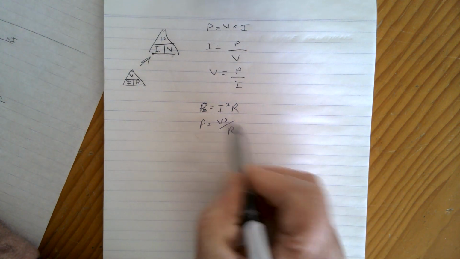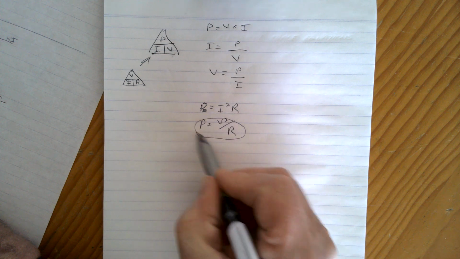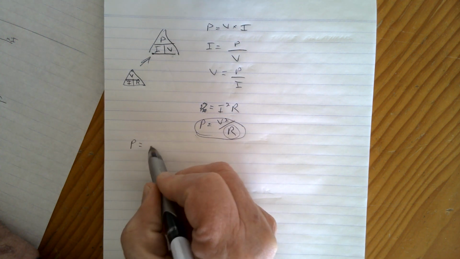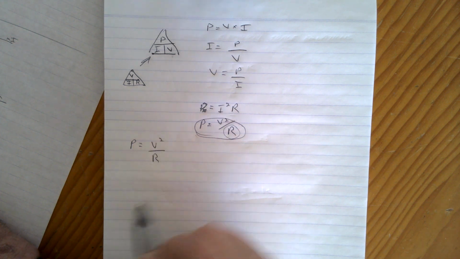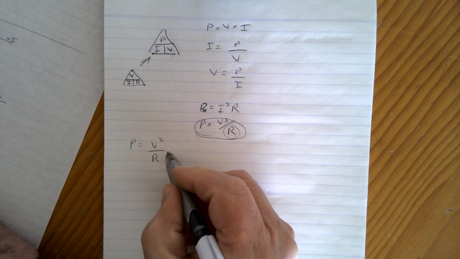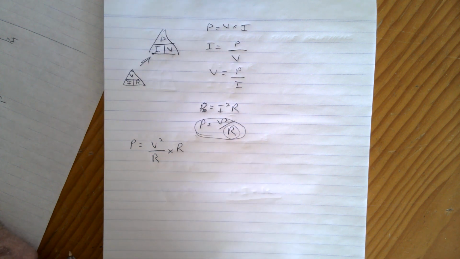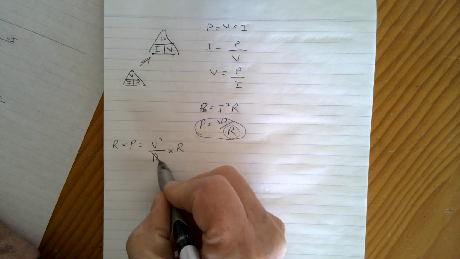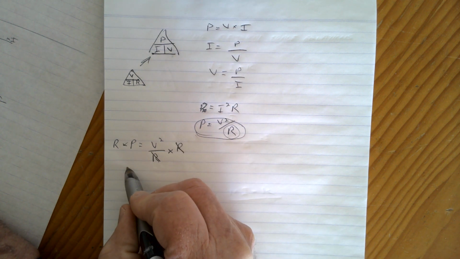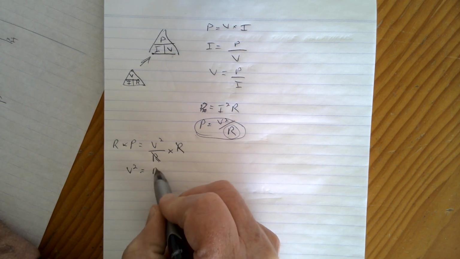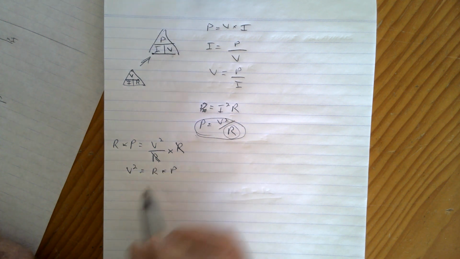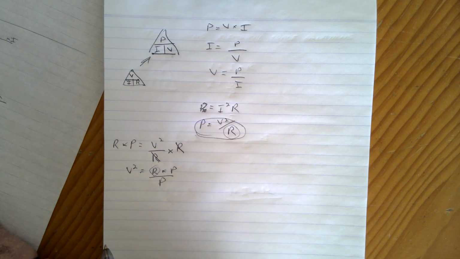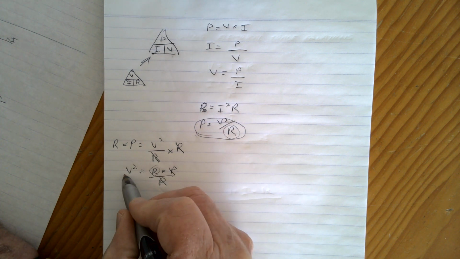So similarly, if we wanted to transpose, say, this equation for R as the subject of the equation, we start with P equals V squared divided by R. To get rid of the R from that side, multiply by R, and that puts R before the equal sign. These two cancel out, so V squared is equal to R times P. We want R as the subject, so we divide out P from this side, they cancel out.